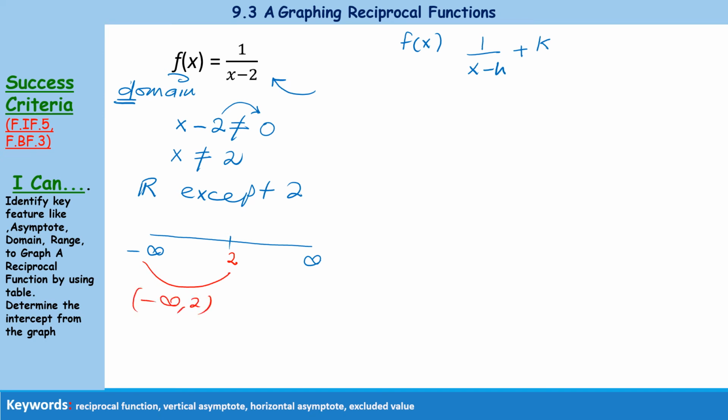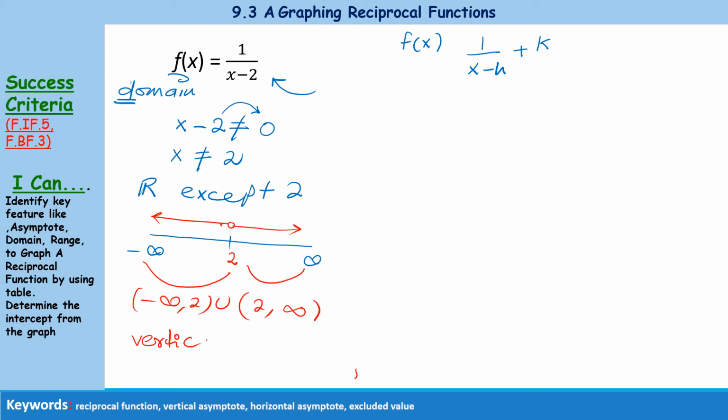Both are excluded, so you will write from negative infinity till 2, then union from 2 till infinity, that is your other interval.